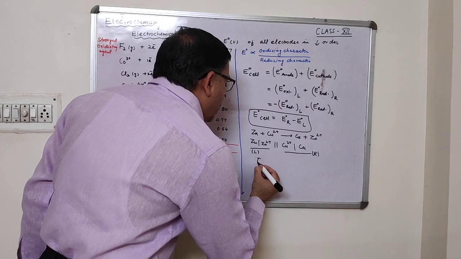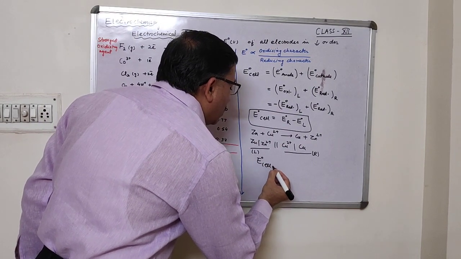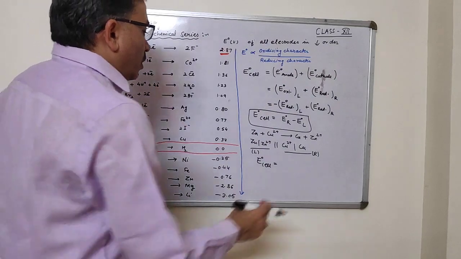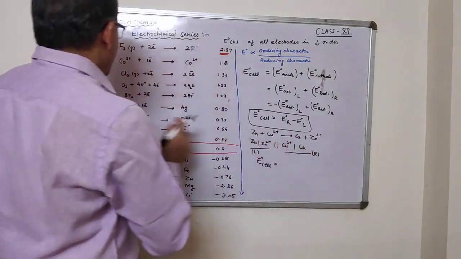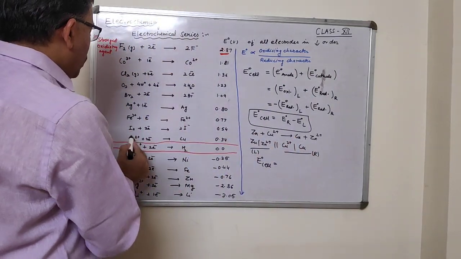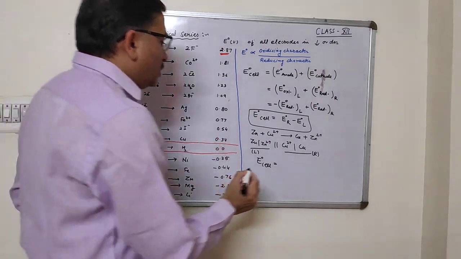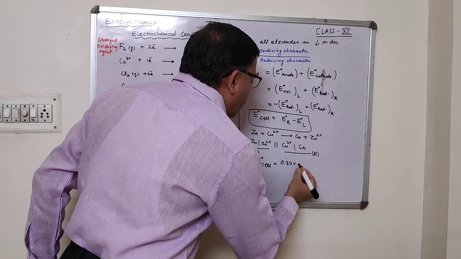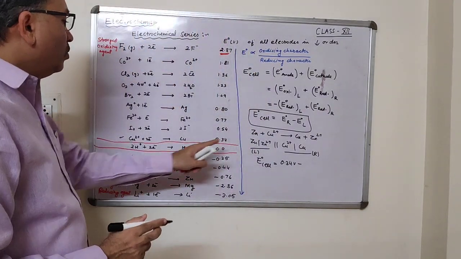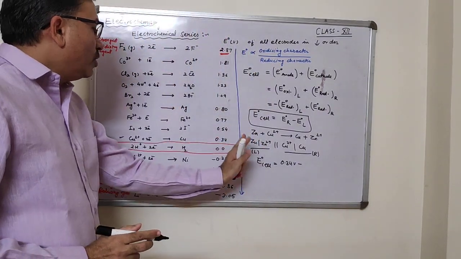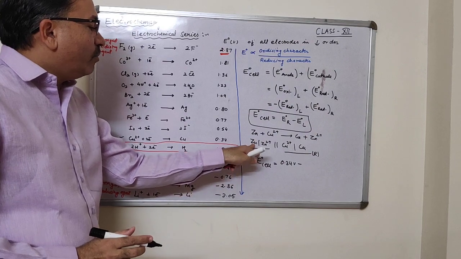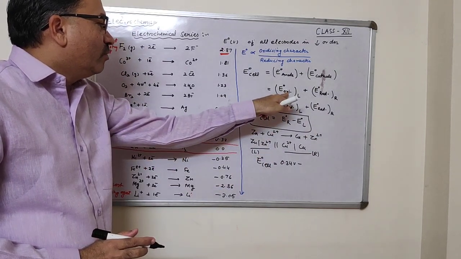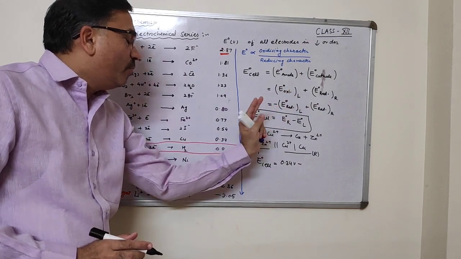If I want to determine E naught cell for this reaction or this cell, Cu2 plus to Cu, see where it is, it is 0.34 volt minus. Now we have to check Zn2 plus to Zn. We do not have to check for Zn to Zn2 plus, because we have already converted this oxidation into the term of reduction.